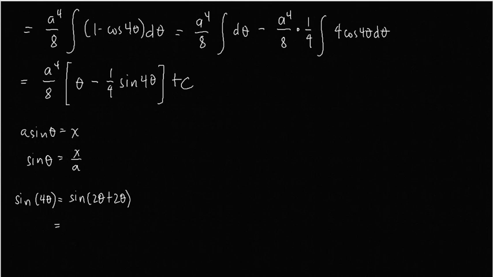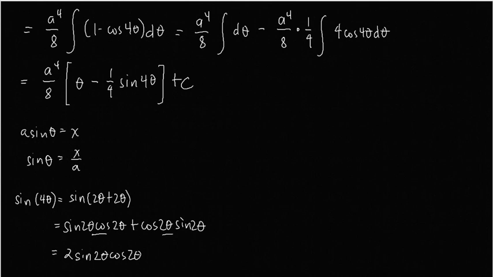Then eventually, this is sine of 2 theta, cosine of 2 theta, or rather, sorry, this is sine of 2 theta plus cosine of 2 theta, sine of 2 theta. Since these two terms are identical to each other, we can say that this is 2 sine of 2 theta, cosine of 2 theta.